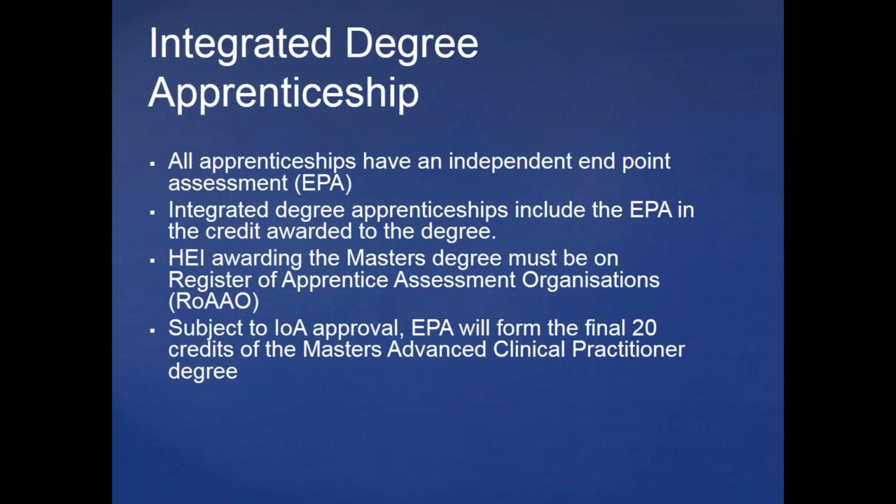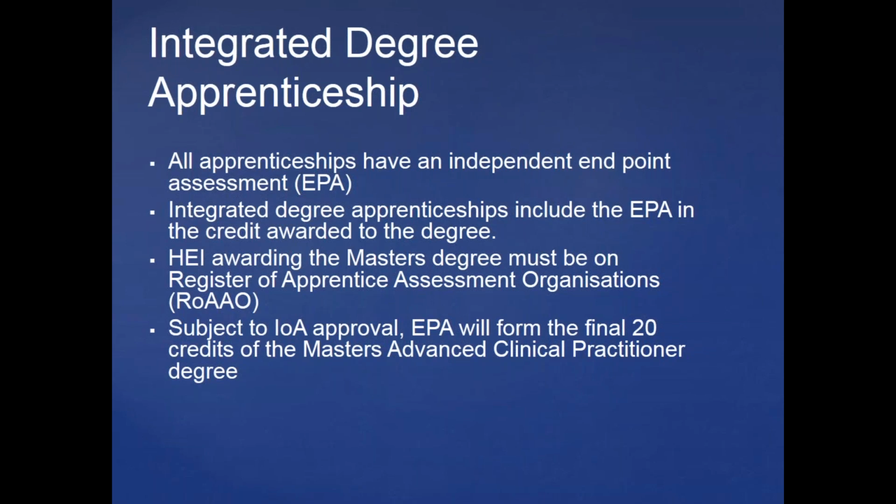So the Trailblazer group were keen that this would be part of gaining the full master's degree. So in this Advanced Clinical Practitioner apprenticeship, the EPA will form part of the degree, and that has a number of implications.